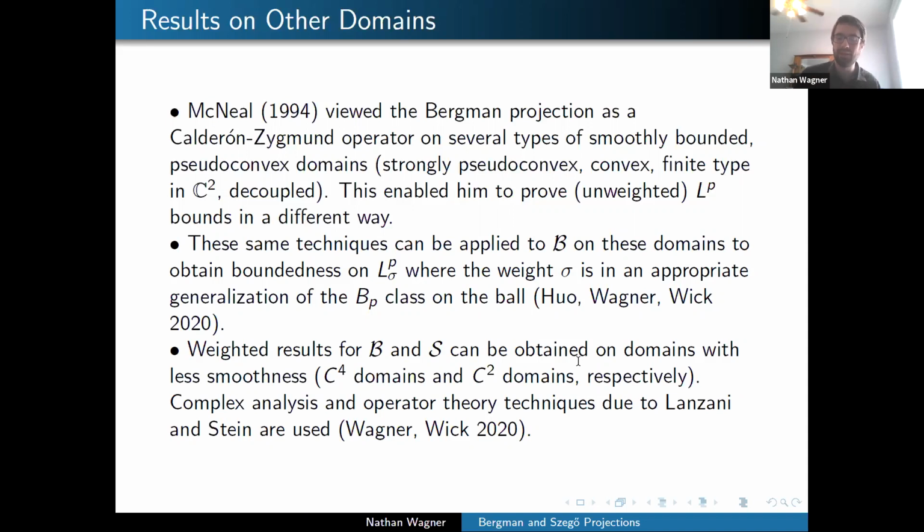It's bounded from L^1 to weak L^1. I won't get into the definition, but this is the behavior that is typical for a Calderón-Zygmund operator. You can prove that for a lot of these domain classes, the Bergman projection is bounded from weighted L^1 to weighted weak L^1, and extend the weighted theory that way.